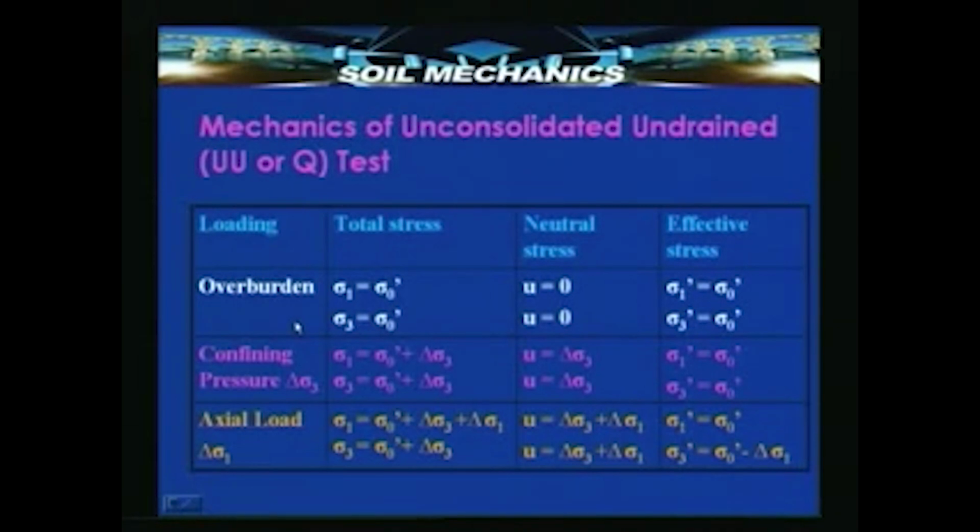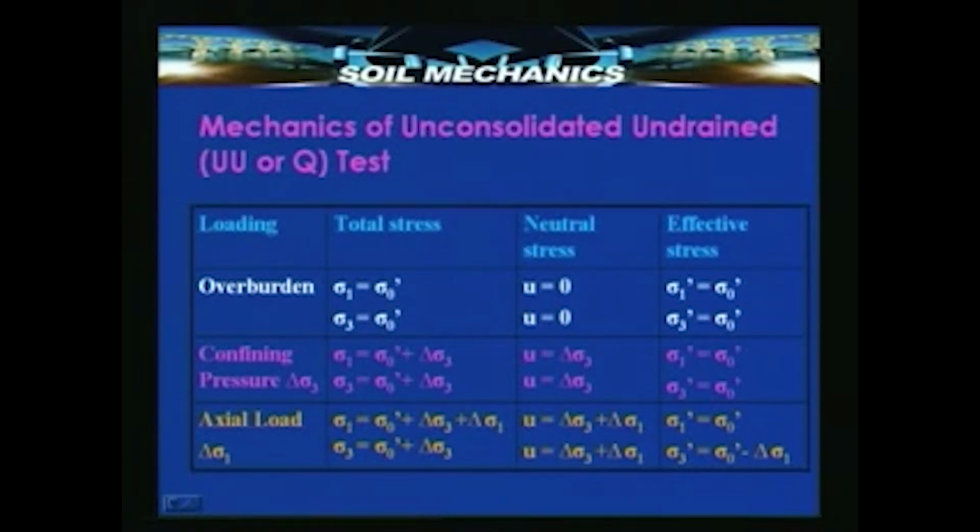The reason is not far to seek. Because this is an unconsolidated undrained test, the confining pressure that we apply to the sample does not get transmitted to the soil grains, and it remains as a total pressure, and therefore when you shear this sample, soil should show no strength at all.